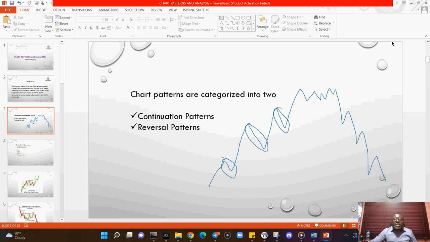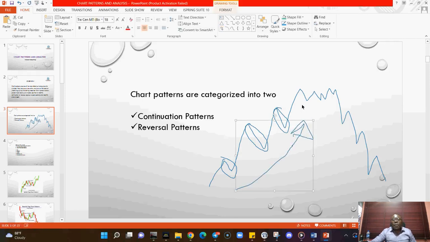So if the overall trend direction is bullish, that's upwards, it means you have to be looking for buying opportunities. If the market environment is bullish, an uptrend, you only trade buying opportunities. You're going to be looking for structures that will tell you that this trend has not exhausted and it will continue in that same direction.